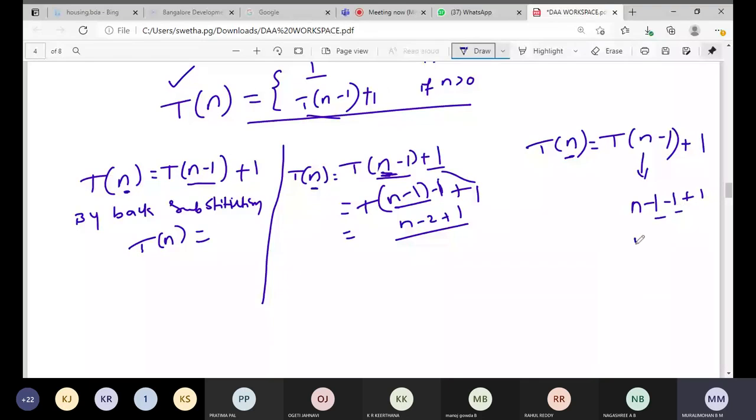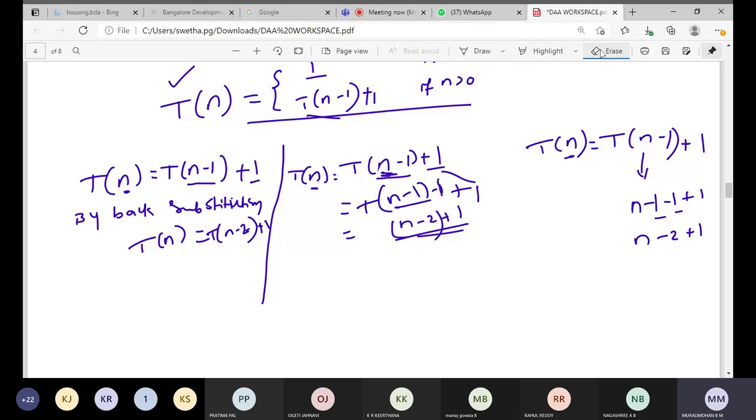So n minus 2 plus 1, that is what we are getting here. So that is T of n minus 2 plus 1, as it is. Clear?